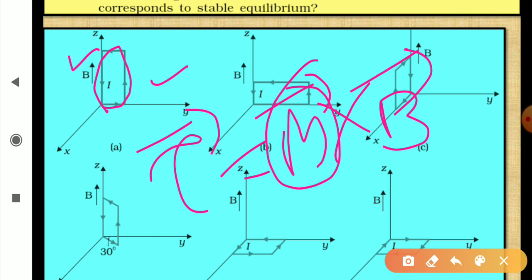If you use the fingers of your right hand to curl along this sense of current, then the extended thumb will give you the direction of the magnetic moment M. According to this it will be along the direction of the x-axis, positive x-axis.